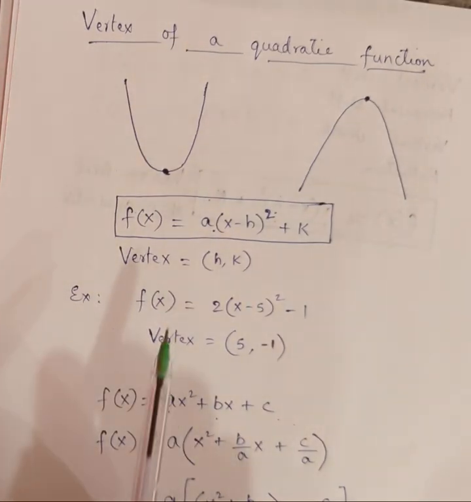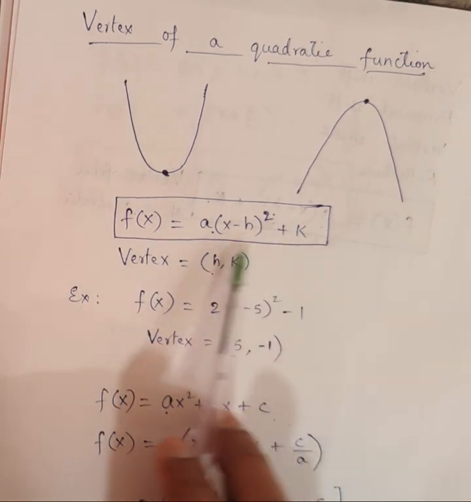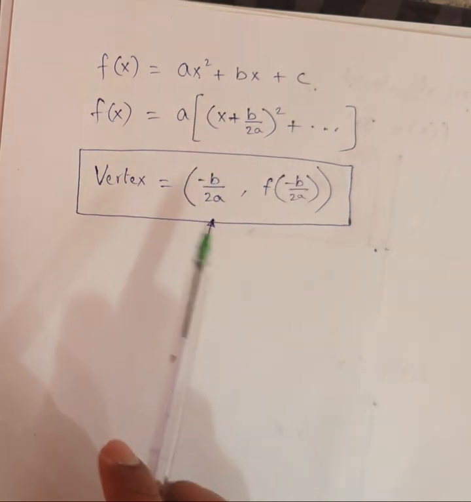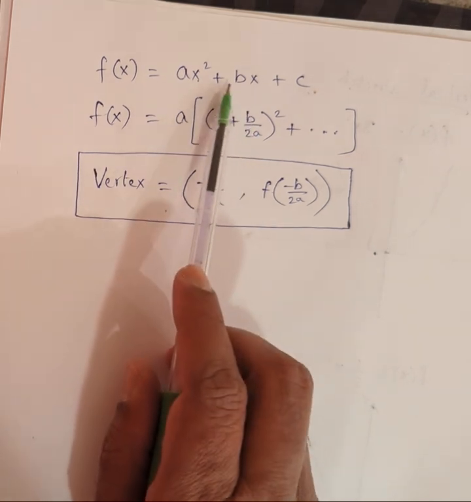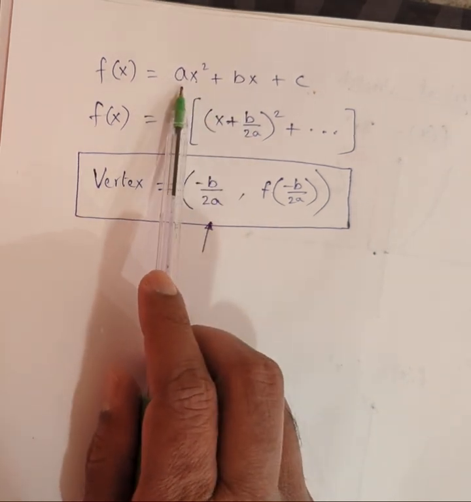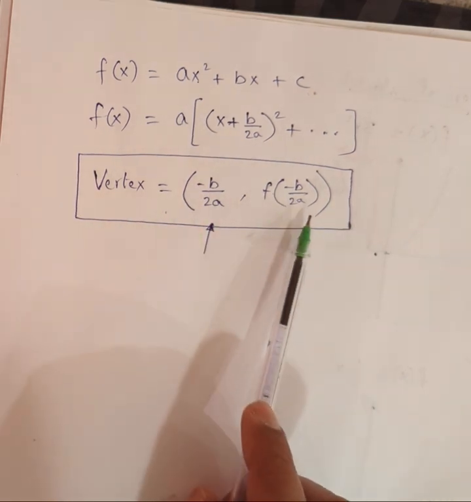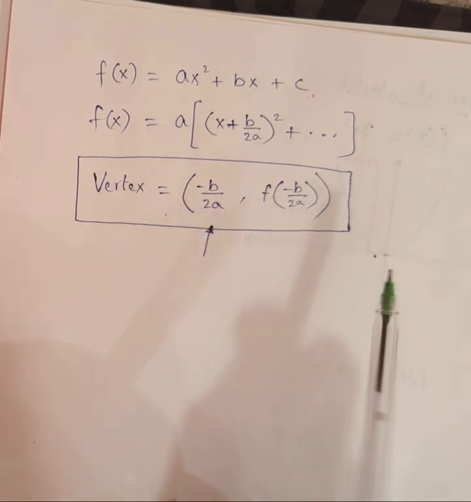In the vertex form, it's immediate. You can see h comma k. But if the quadratic is given in the standard form, then you only have to get the x coordinate. You take the opposite of b and divide by 2a. That would give you the x coordinate. And you can obtain the y coordinate by plugging in the x coordinate. And that is true about every function.